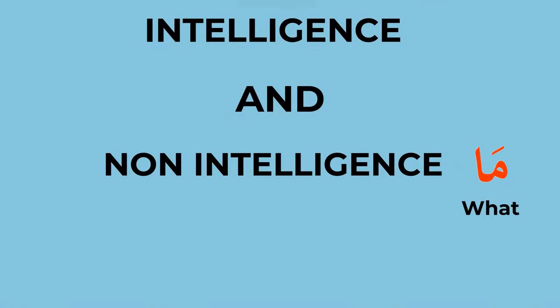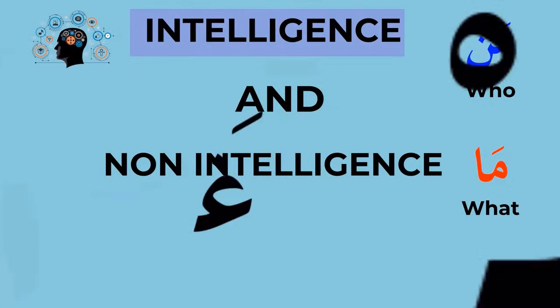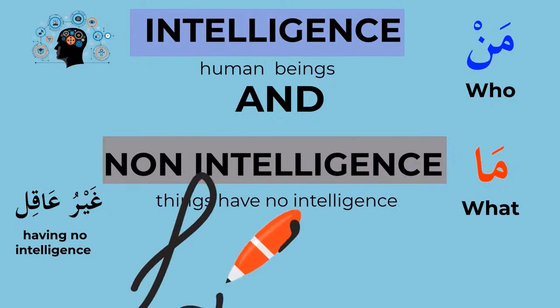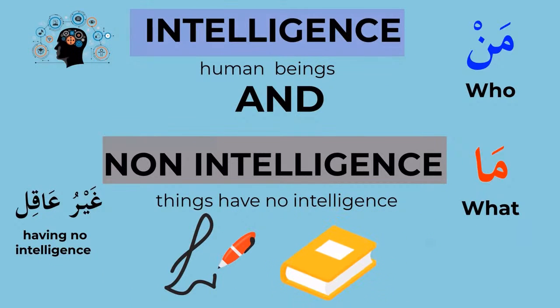Ma is what, and man is who. Are you with me? In the whole universe, there are those with intelligence, aqil, and those with no intelligence, ghair aqil. Human beings have intelligence, but things have none. A pen doesn't have intelligence, a book doesn't have intelligence. We have intelligence. So when you want to find out about something aqil, you use man.